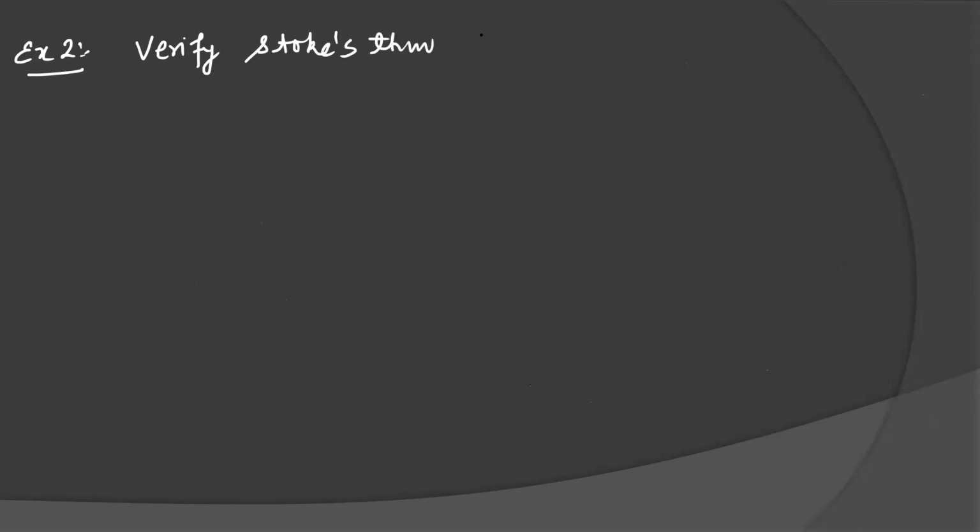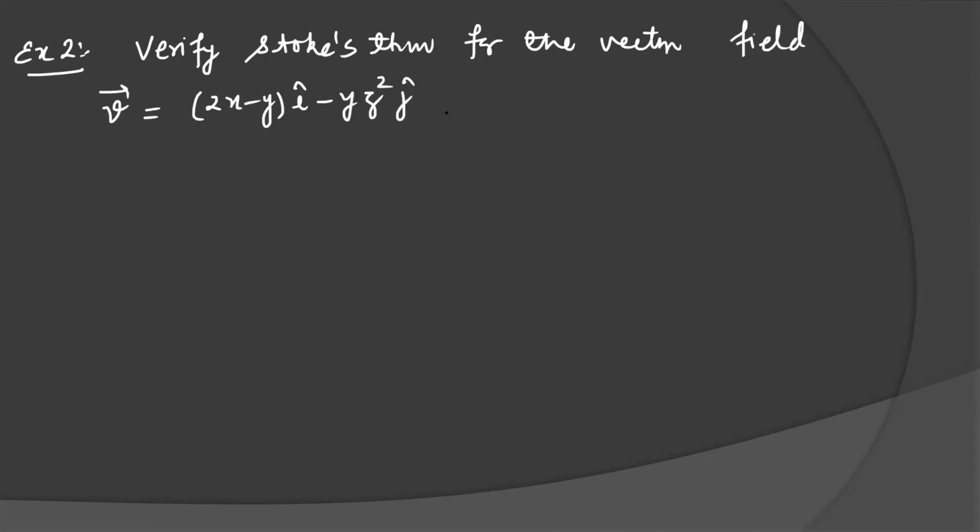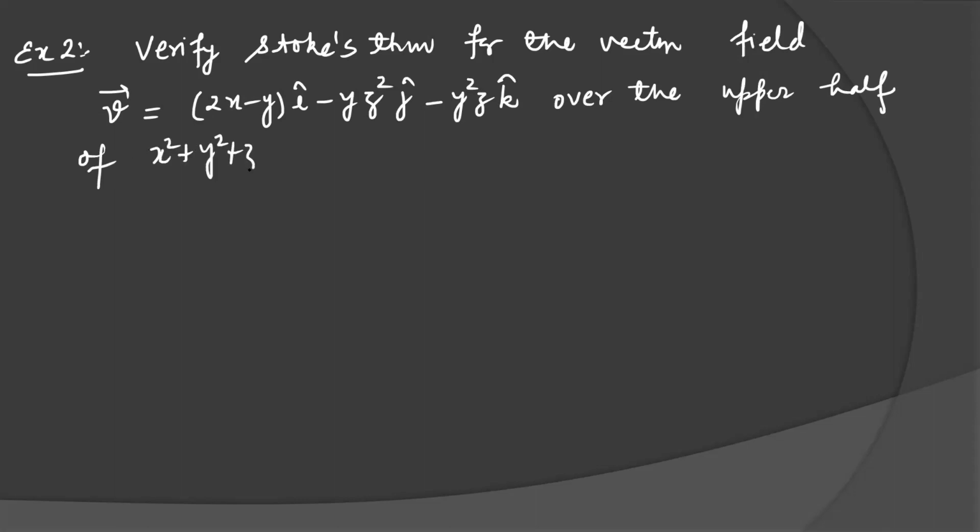Verify Stokes theorem for the vector field V vector is equal to (2x minus y) i cap minus yz square j cap minus y square z k cap over the upper half of x square plus y square plus z square equal to 1, bounded by its projection on the xy plane.